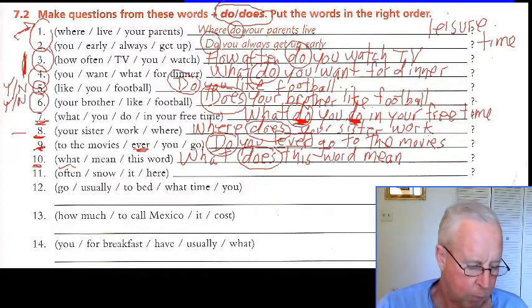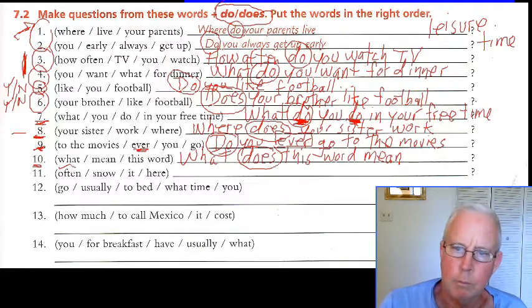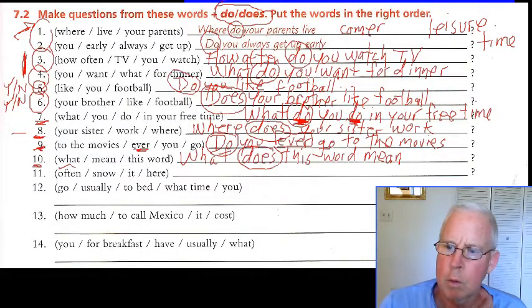It means what's the definition? For example, comer in Spanish. What does that mean? That means eat.